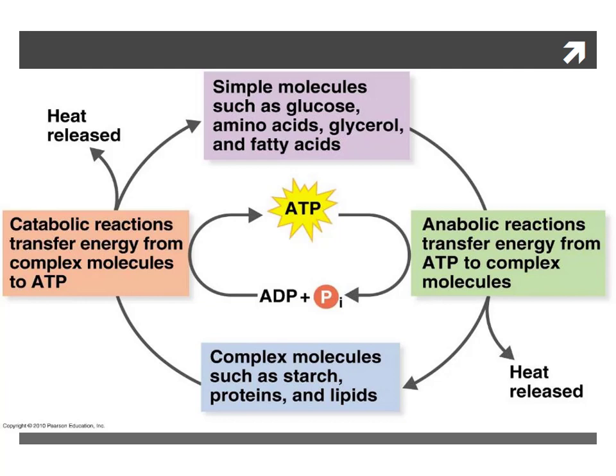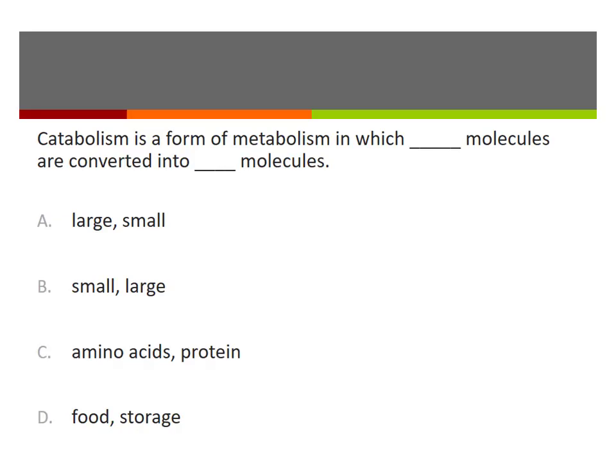Anabolic reactions are endergonic, because they require an input of energy. So you could actually resketch this. That's one of our guide objectives, is to sketch this, add the terms exergonic and endergonic where they're appropriate.